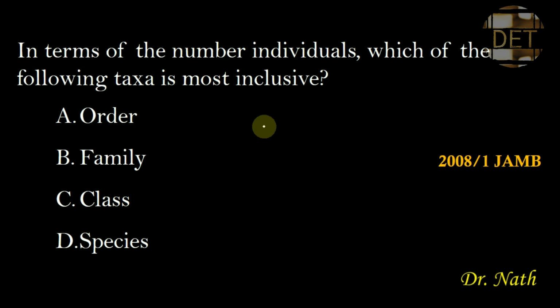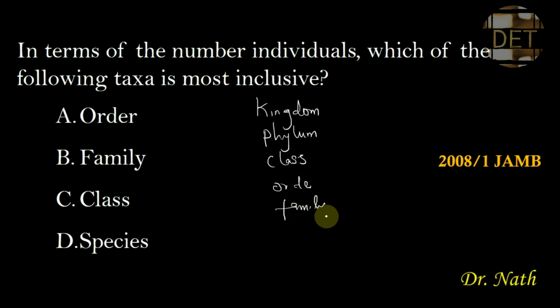So the 7 taxa that we have are the kingdom, the phylum, the class, order, family, the genus, and the species. So like I said, as we progress from the kingdom to the species, the number of organisms starts decreasing. And where we have the largest number of organisms is in the kingdom.